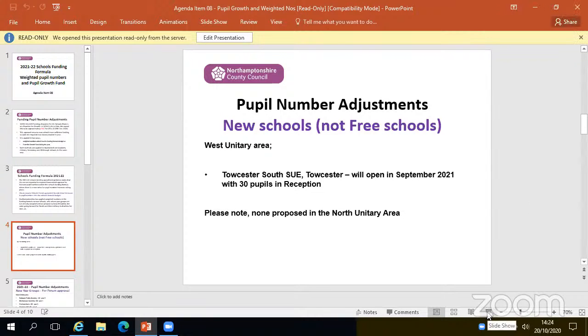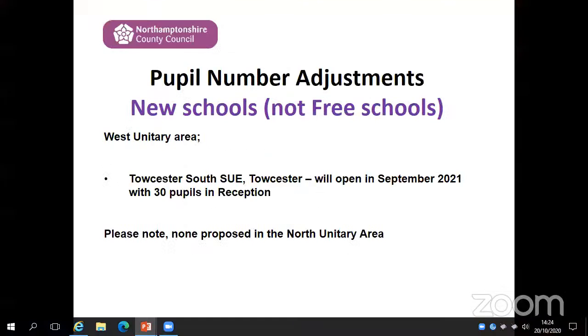Thanks very much, Beth. Good afternoon, everyone. So in terms of those pupil number adjustments that Beth has just been talking about, the first one we will be looking to vote on is a new school that NCC will be delivering on the Towcester South housing development, obviously in Towcester.